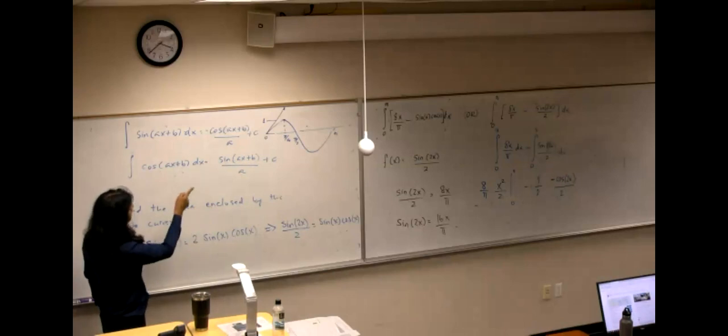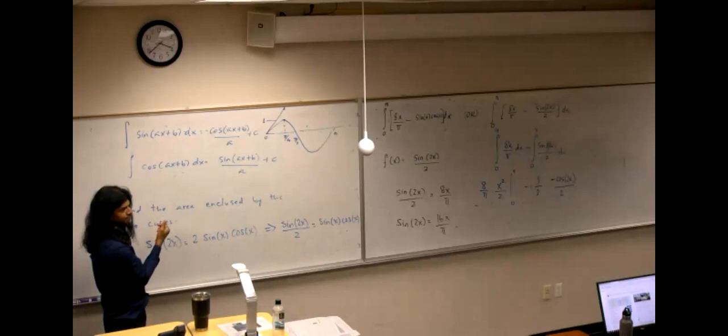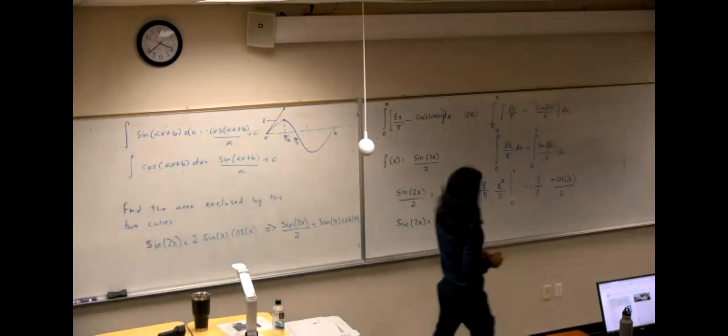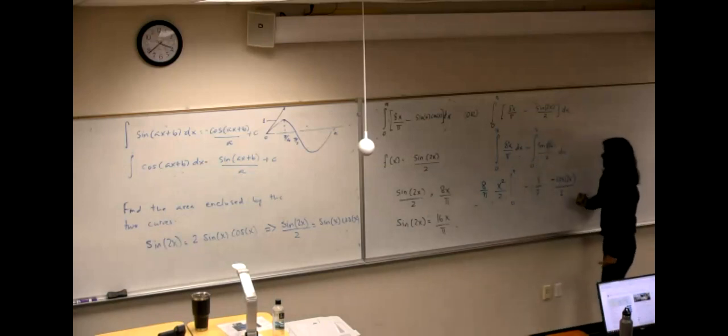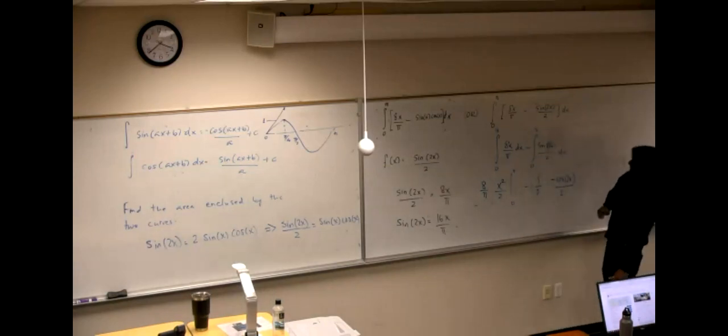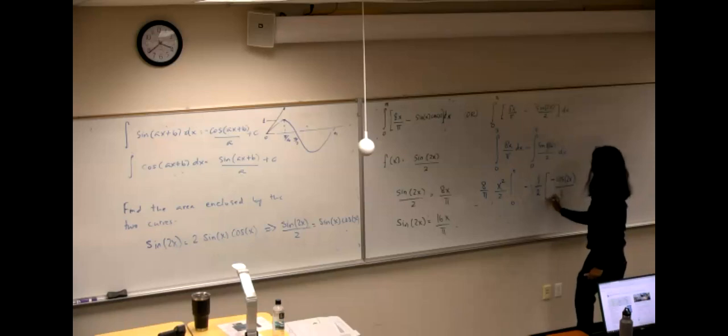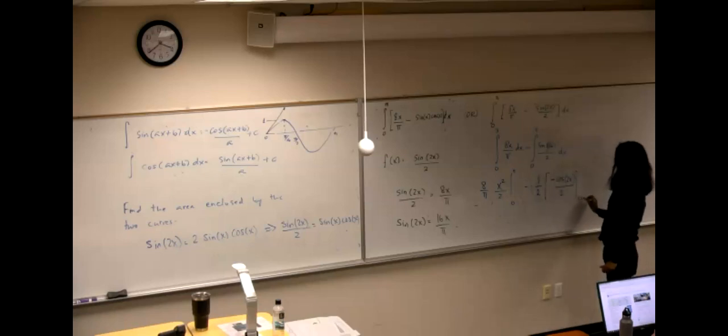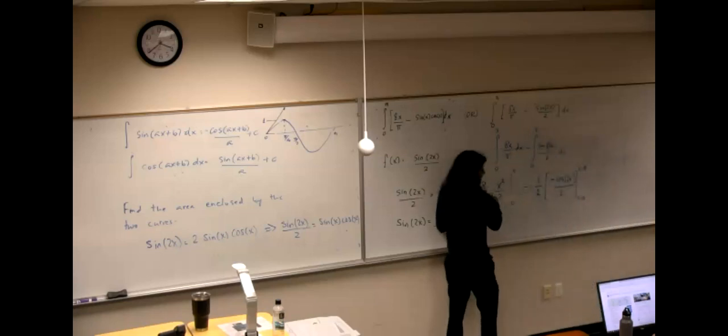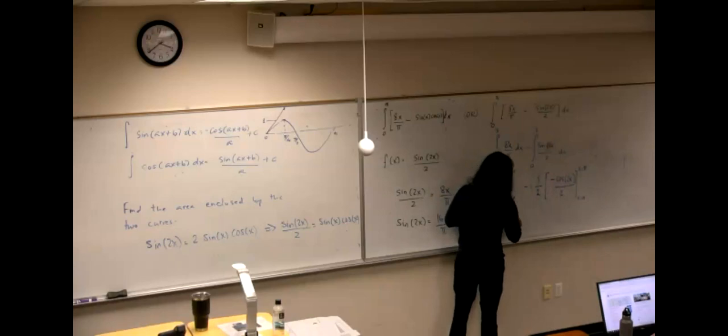In our case, b is 0, a is 2. Good. Times it by the limit. Plug in the upper limit, I get pi squared, so 8 over pi times pi squared over 2 minus 1/2.